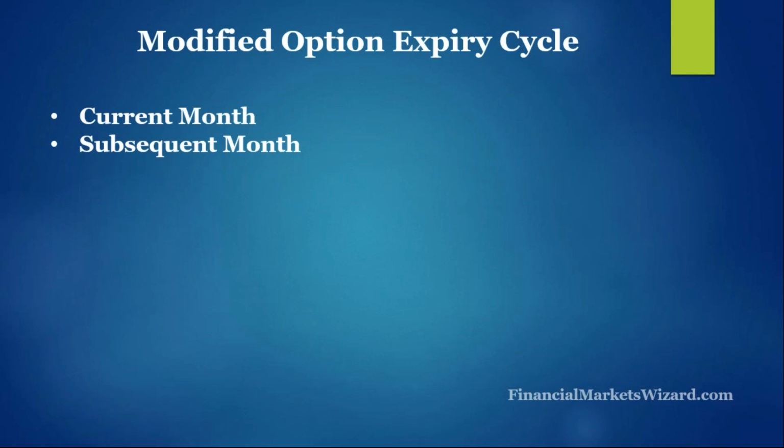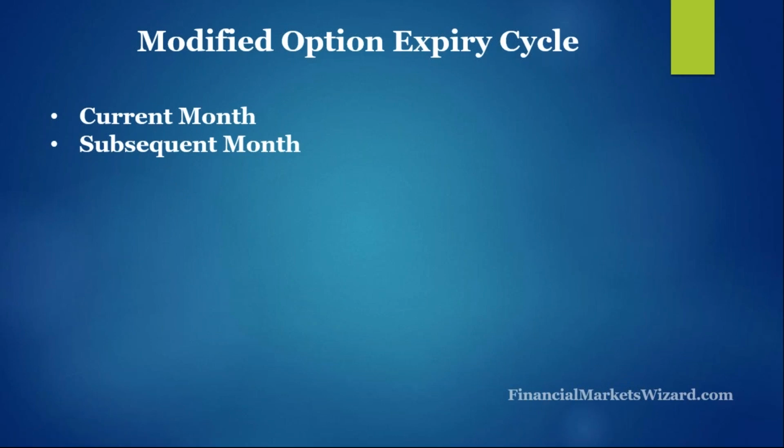Now there is something called the modified option expiry cycle. Because of hedging purposes, besides assigning these months based on the cycle, the stock also has options for the current month and subsequent month.